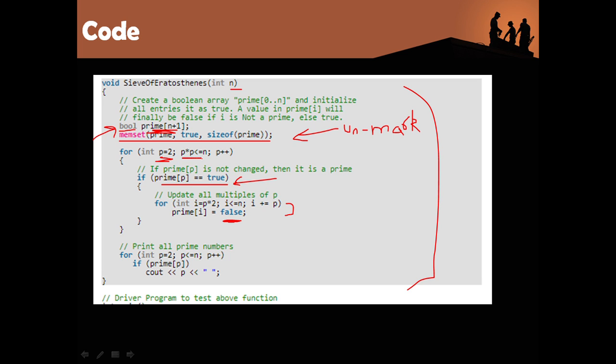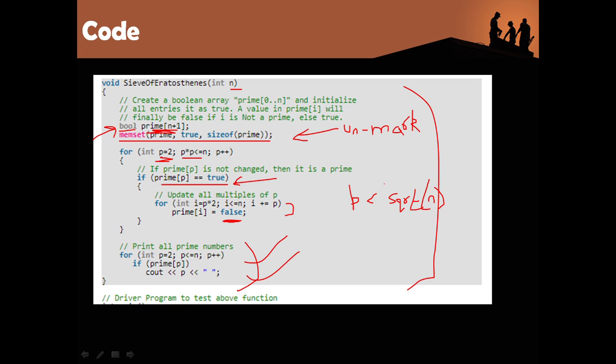This process continues until p is less than square root of n. This is a small optimization. Square root of n. So this condition is equivalent to this. And after this loop completes, we just print all the numbers which are unmarked, and those numbers are prime numbers.